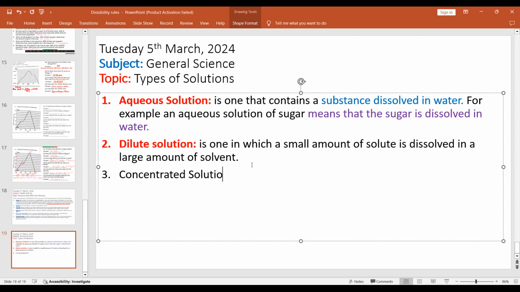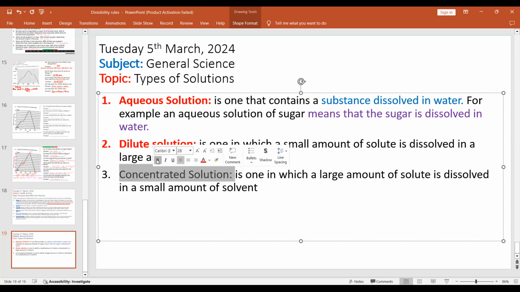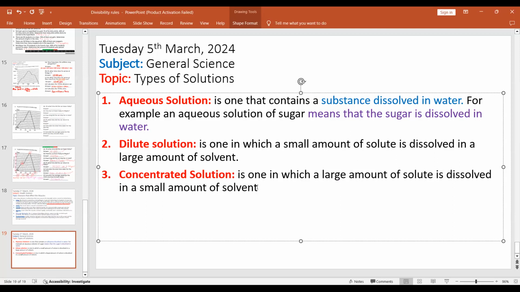A concentrated solution, the opposite of dilute, is one in which we have a large amount of solute dissolved in a small amount of solvent. We have a large amount of solute dissolved in a small amount of solvent.